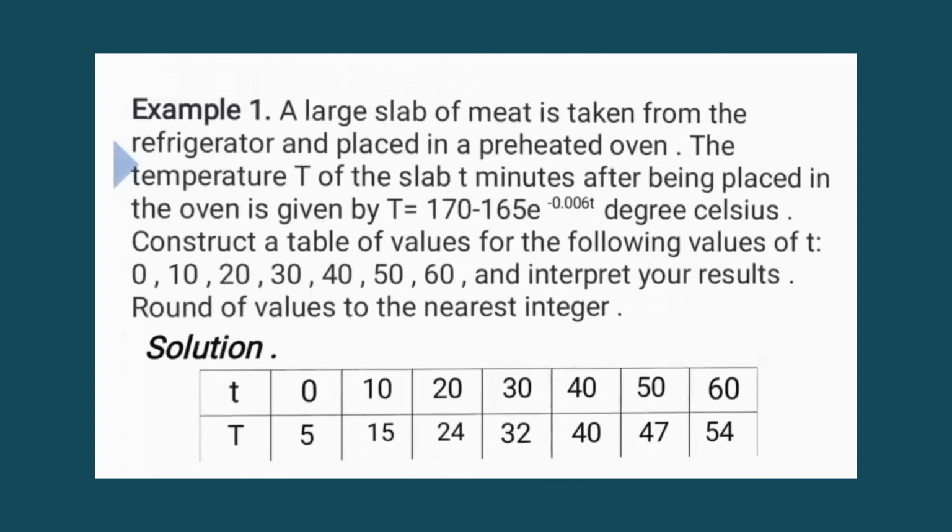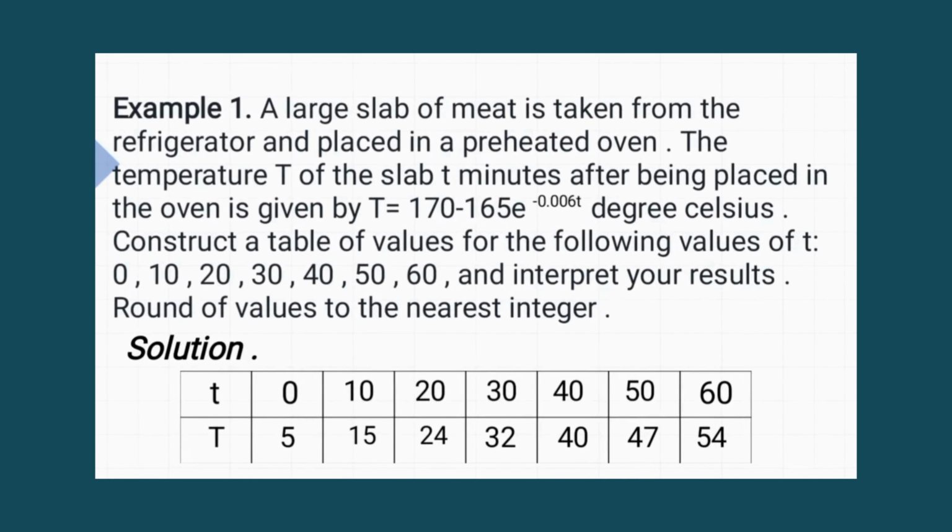So now let's have an example of the natural exponential function. A large slab of meat is taken from the refrigerator and placed in a preheated oven. The temperature T of the slab t minutes after being placed in the oven is given by T equals 170 minus 165 e raised to negative 0.006t degrees Celsius.